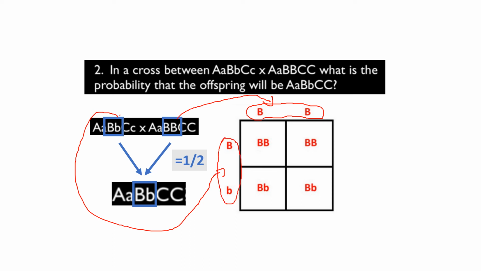The chance of getting a heterozygous is 50%. So far we have calculated two of them, and it's very easy. Now I want you to try to calculate the third one. You can pause the video, and I will explain it in a second.